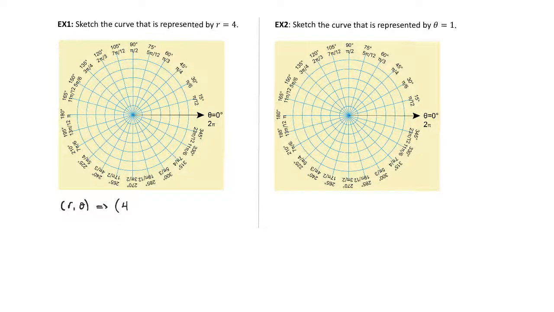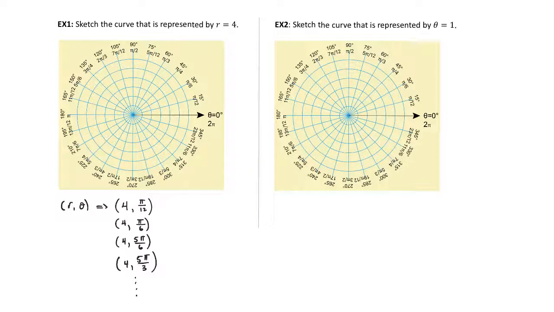So we could have the point (4, pi over 12), or we could have the point (4, pi over 6), or we could have the point (4, let's go to the other side, 5 pi divided by 6), or (4, 5 pi over 3), and then you can go on forever. So I'm hoping that you're noticing that what is important is for us to keep r consistent. Theta can change. r should always be 4.